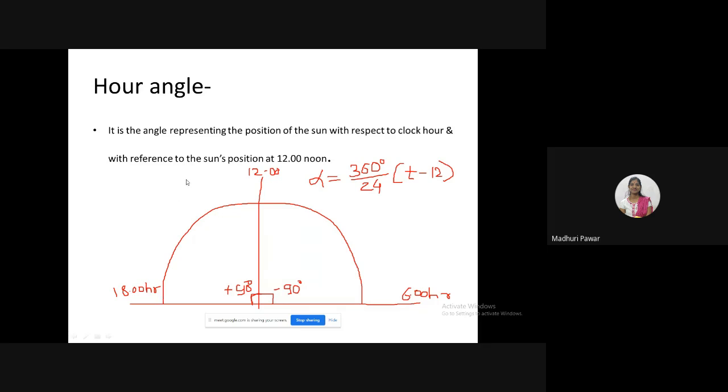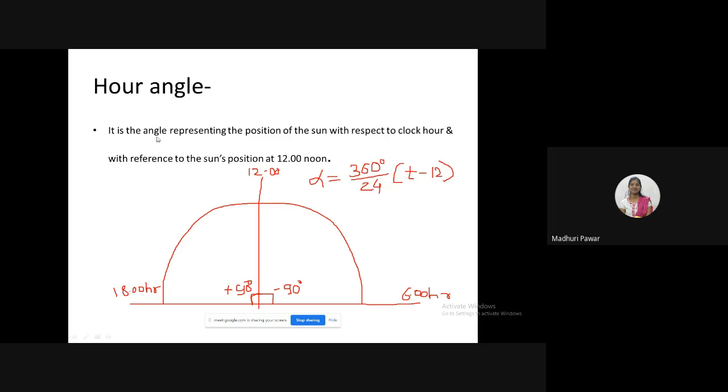We all know the sun's direction and sun rays are changing with respect to time in the day. So every day, the radiation falling on the earth's surface changes with respect to time also.